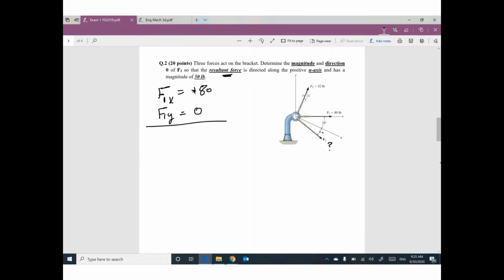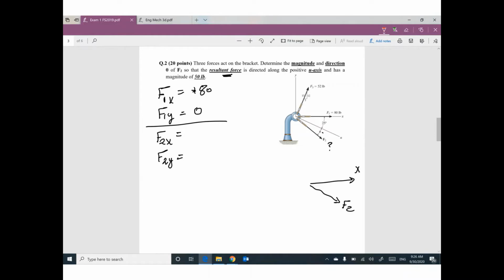What else? F2. What is the X component for F2? What is the Y component for F2? Guys, remember, your angle must be with X or Y. So F2 with the X direction, what is the angle? Don't say theta. Don't say 25.